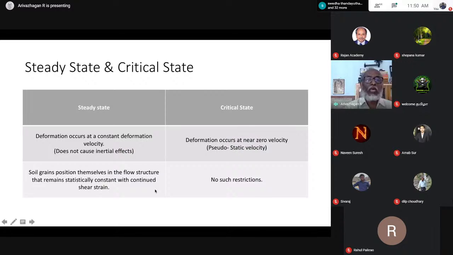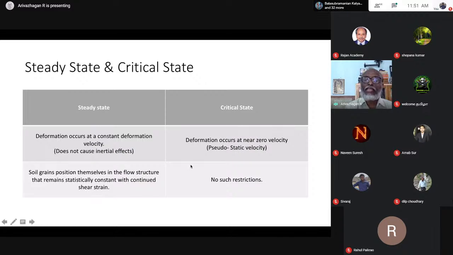So now you can see the difference between the steady state and the critical state. In the steady state, deformation occurs at constant deformation velocity. The velocity is a must, but it does not cause inertial effects. But in the critical state, deformation occurs at very near zero velocity, that is pseudo-static velocity. In the steady state, soil grains position themselves in a flow structure that remains statistically constant with continued shear.